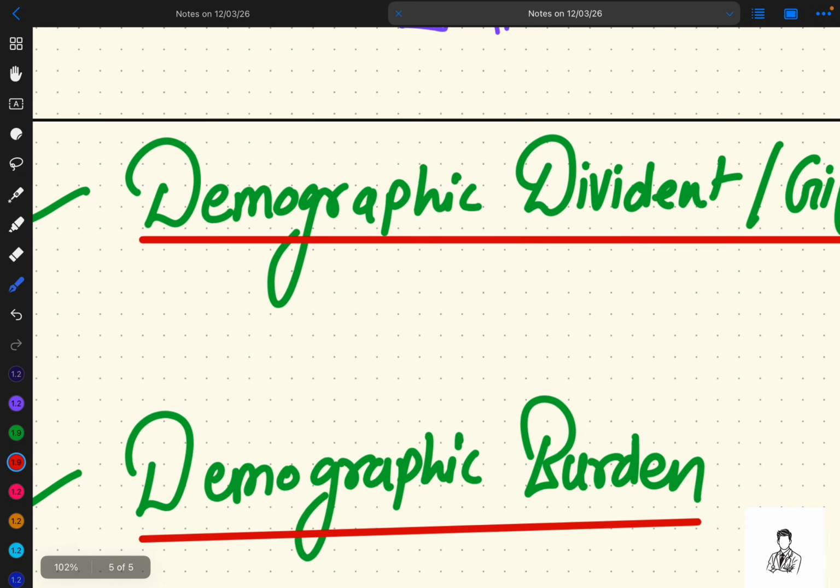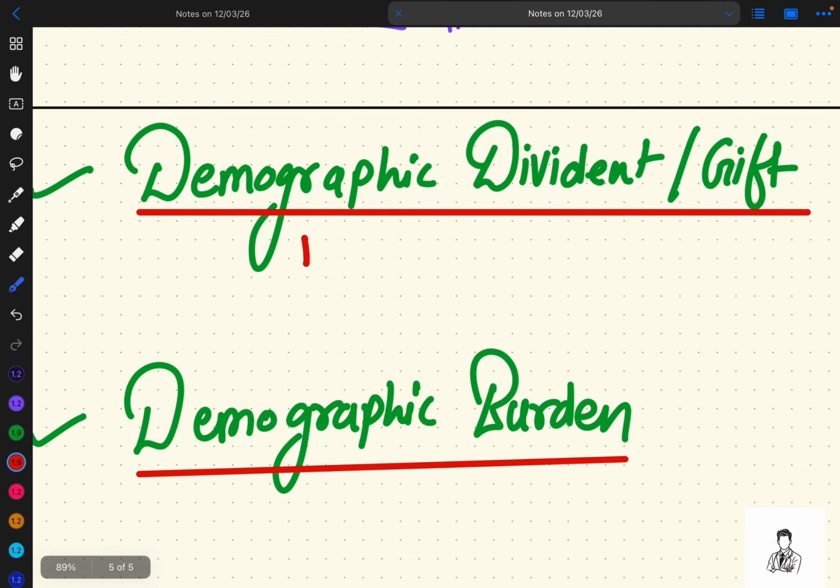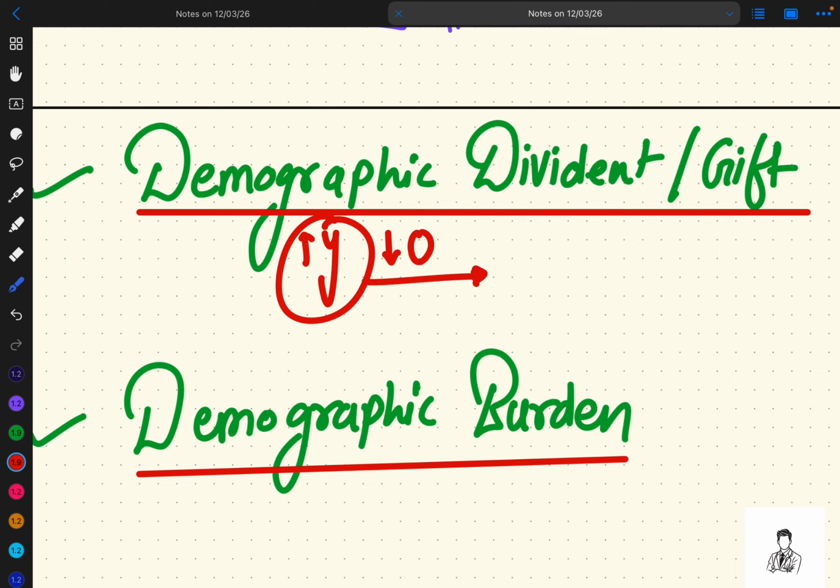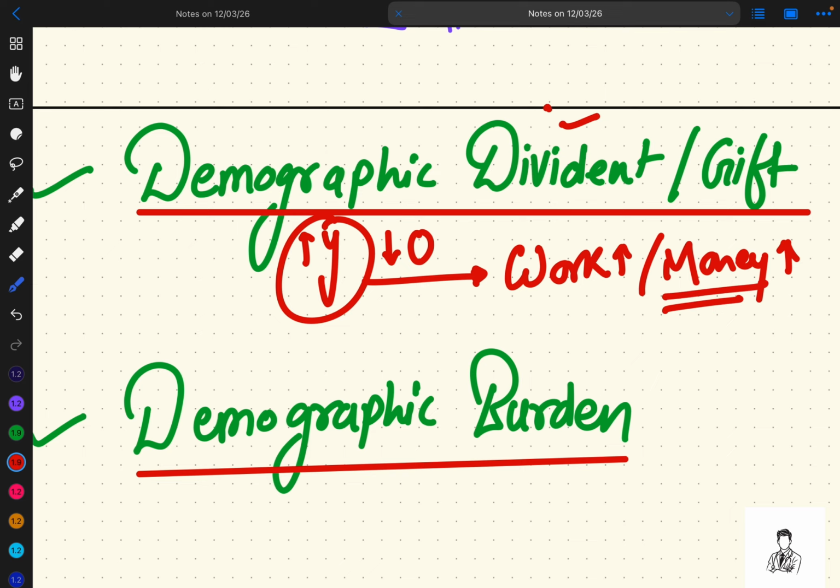We will see demographic dividend where the younger population is more and the older population is less, where the younger generation is more, which will work more and will bring more money. Dividend means money, it will eventually bring more money.